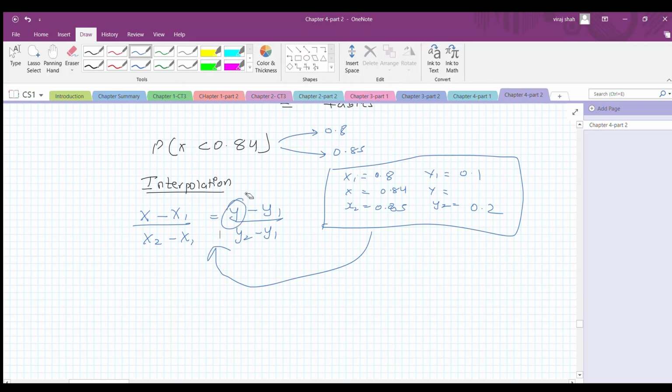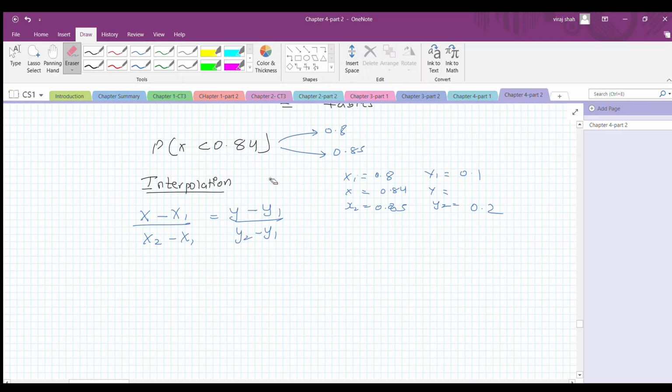Y would be nothing but the probability. So what did I do? I formed a formula for interpolation. If I want to find some value between two values, I write the value of x here and the value of probability here, and there would be one unknown value which I can find by substituting here. We'll solve one sum so you will have an idea, so you do not need to worry.